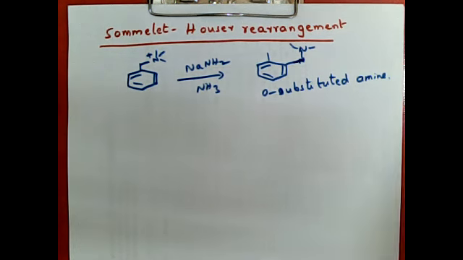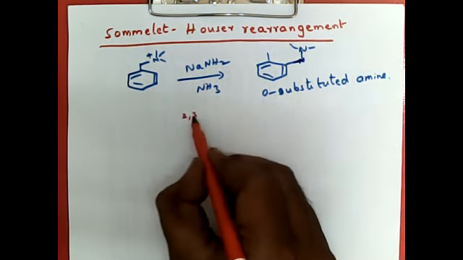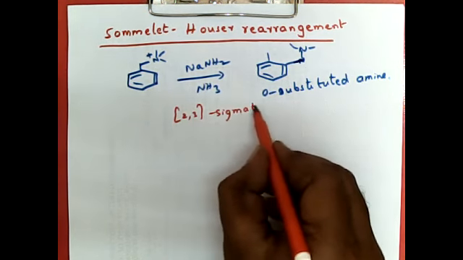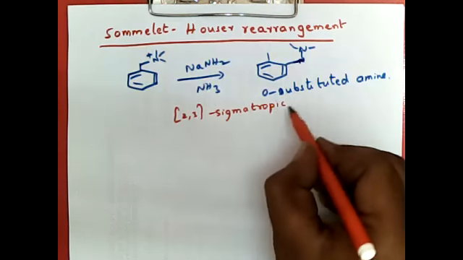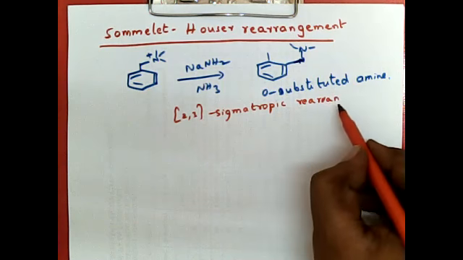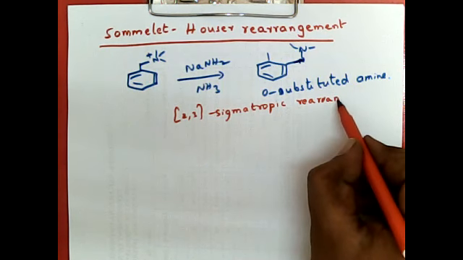via a 2,3 sigmatropic rearrangement is called the Sommelet-Hauser rearrangement.